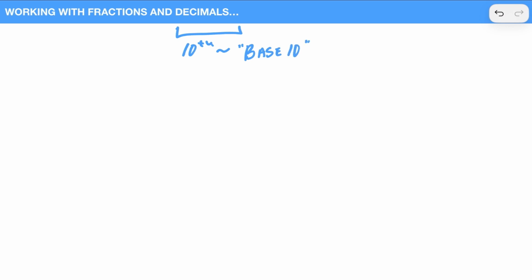What that means is that when we count, we are single digits, 0 through 9, but then 10 becomes a double digit number. That's where that comes from, and that informs how we talk about place value, the hundreds column, the thousands column. All of that is a result of working in a base 10 system.